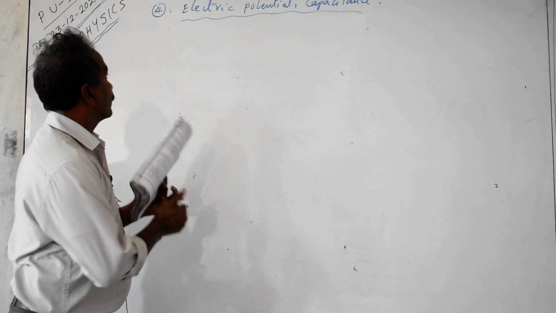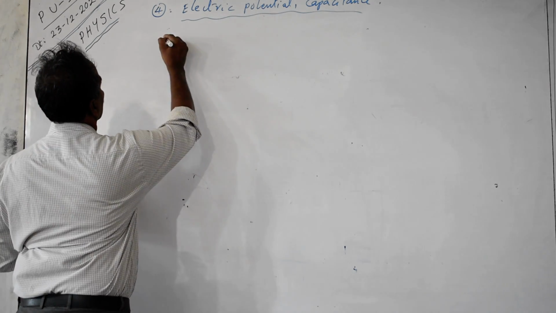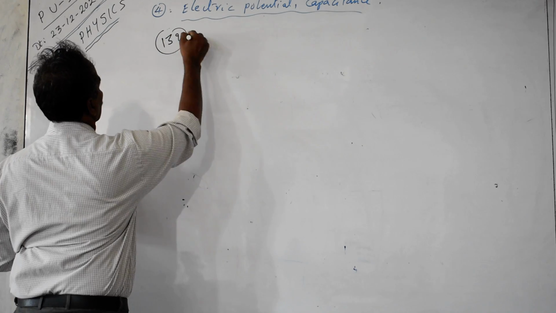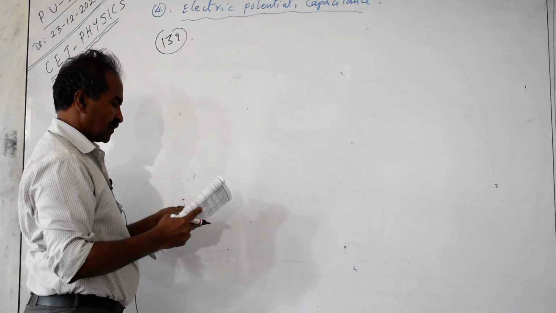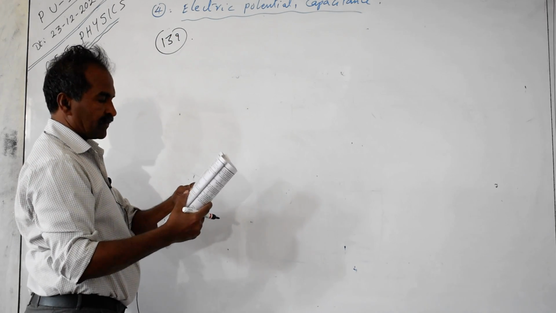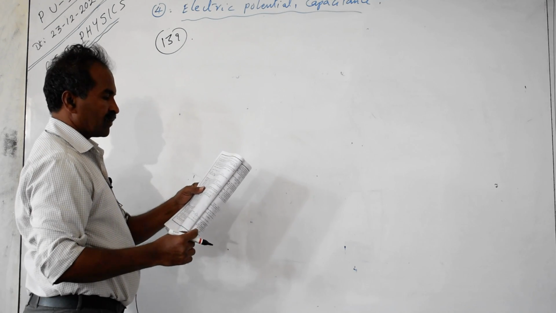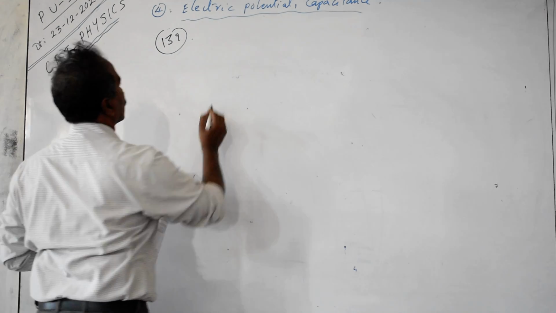139. Charge Q is placed at each of the opposite corners of a square.